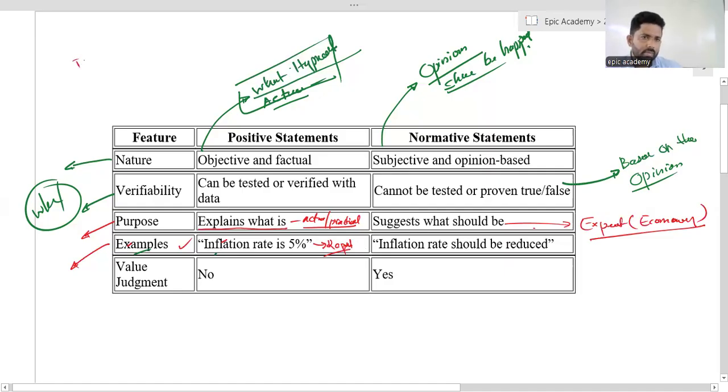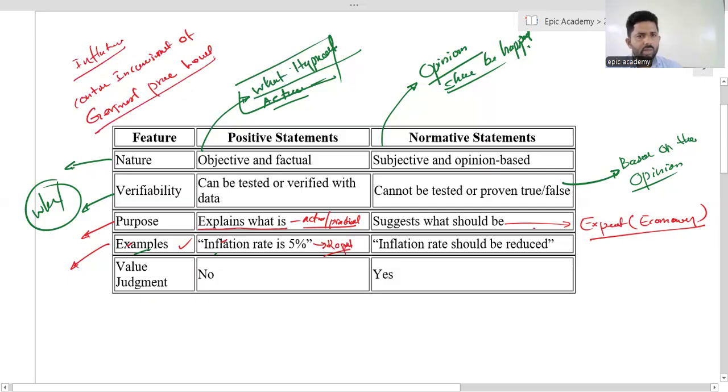Inflation means a continuous increase of the general price level.